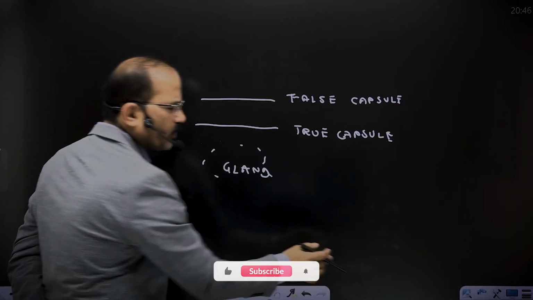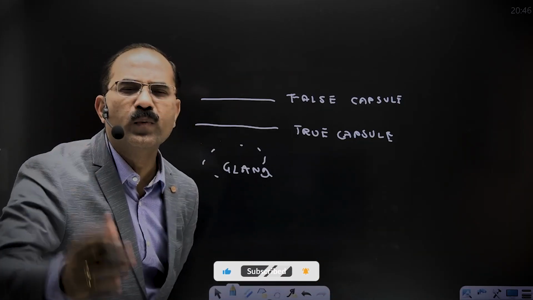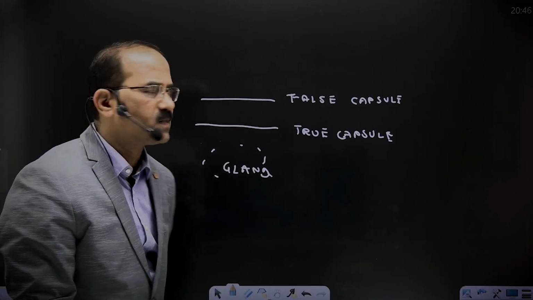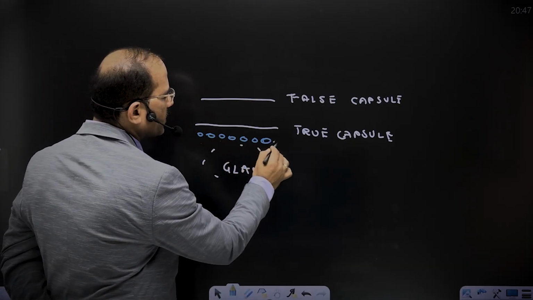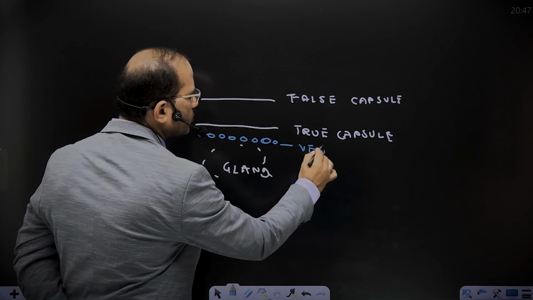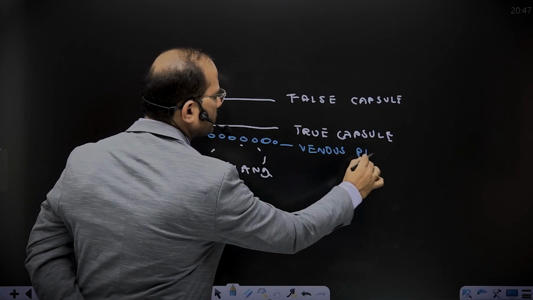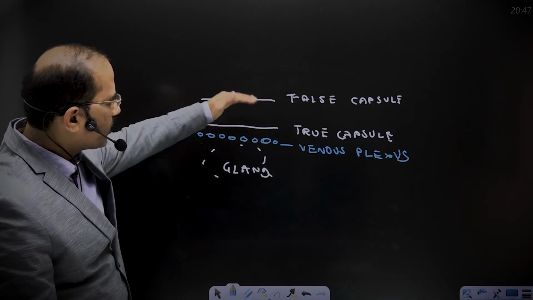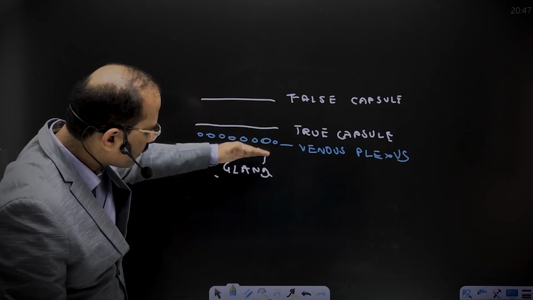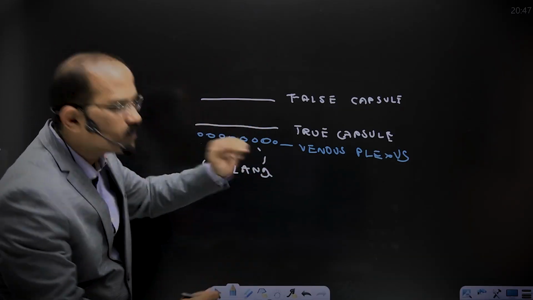In case of thyroid, thyroid has got a rich venous supply, a rich venous plexus. And this venous plexus lies deep to the true capsule. So that's a false capsule, that's a true capsule, and that's the venous plexus which lies deep to the true capsule.